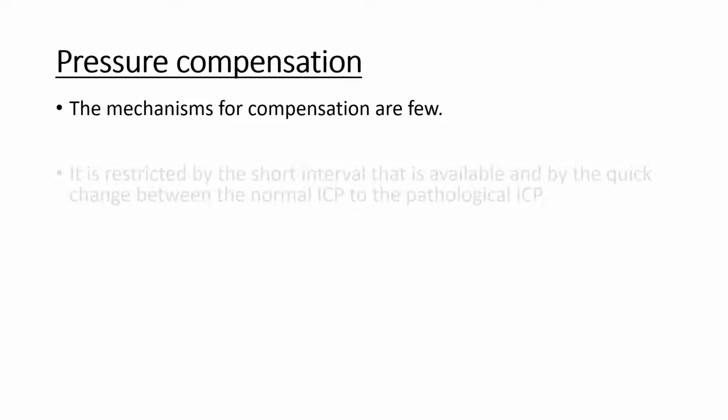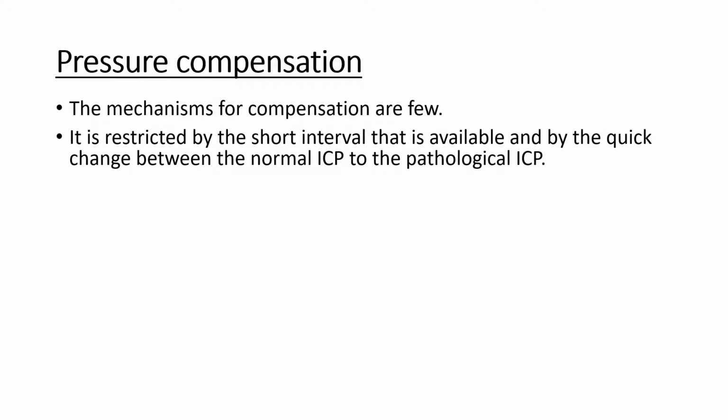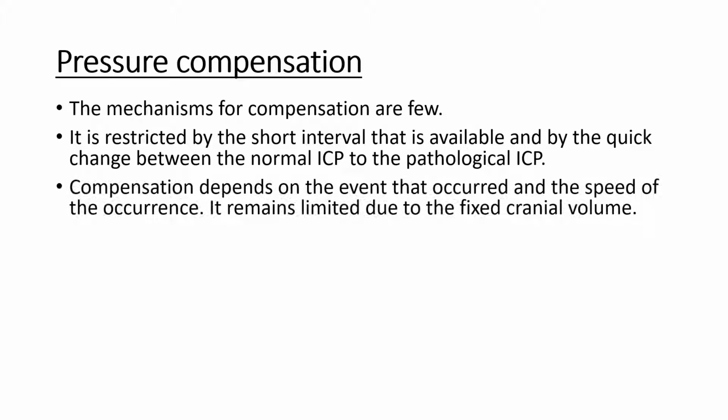So pressure compensation. The mechanisms for compensation are few. It is restricted by the short interval that is available and by the quick change between the normal ICP to the pathological ICP. It depends on the event that occurred and the speed of the occurrence. It remains limited due to the fixed cranial volume.